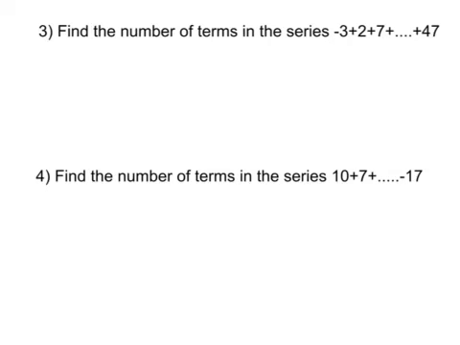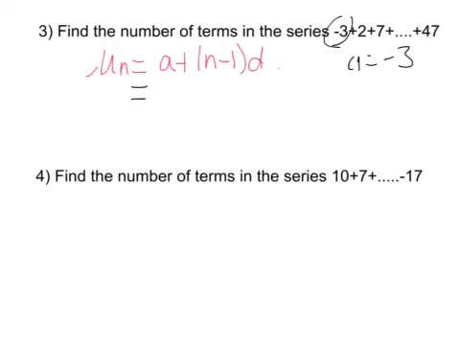Okay, number 3. Find the number of terms in the series. u to the n equals a plus n minus 1 d. So what do we know? We know that a is minus 3, so he can go in as a minus 3. We also know, what's that going up by? Minus 3 plus 2 is 5. So the difference is 5. So he can go in there. And we know that the last term, u to the n, is 47.